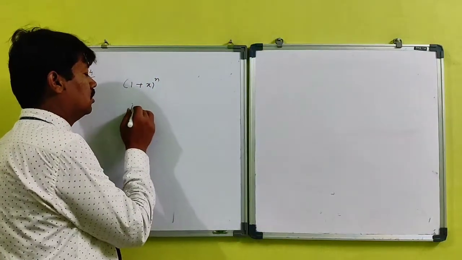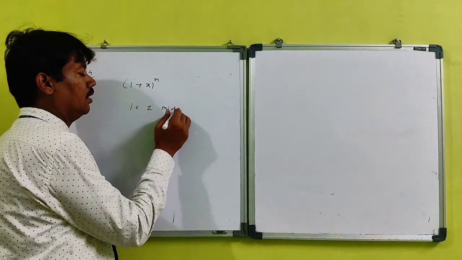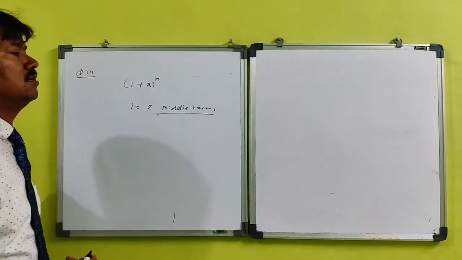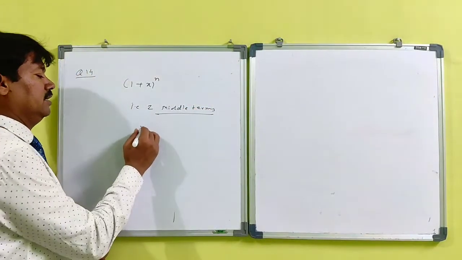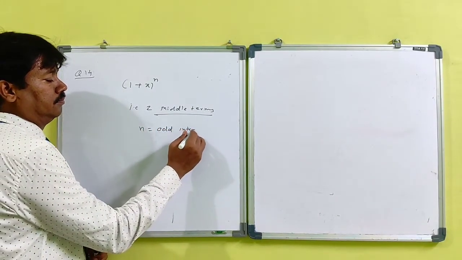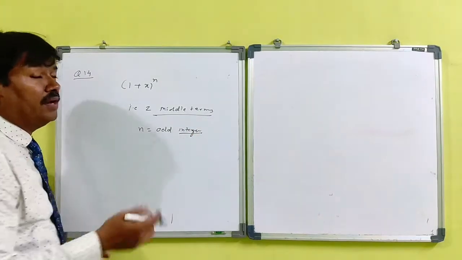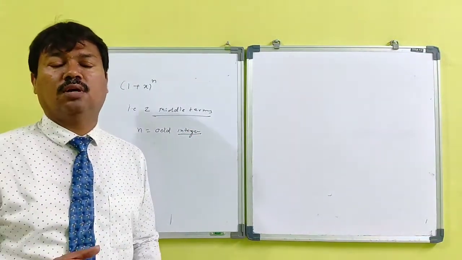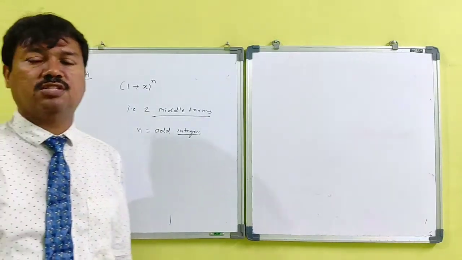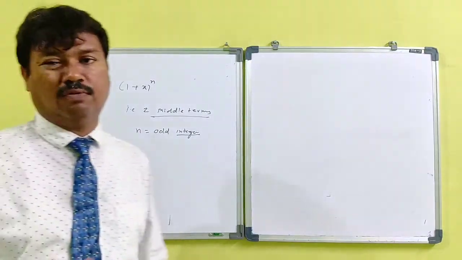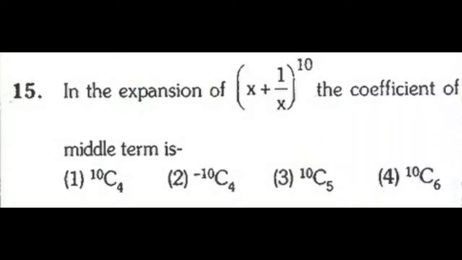Two middle terms is only possible when n is an odd integer. Means when n is odd, then there are two middle terms, and then the two consecutive coefficients are equal. So answer is n is an odd integer for question number 14.